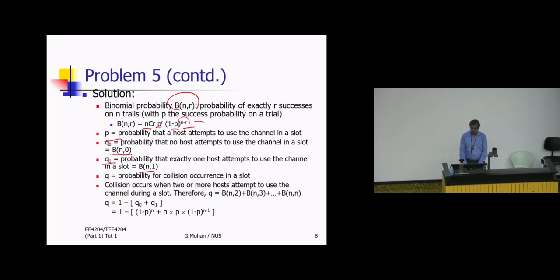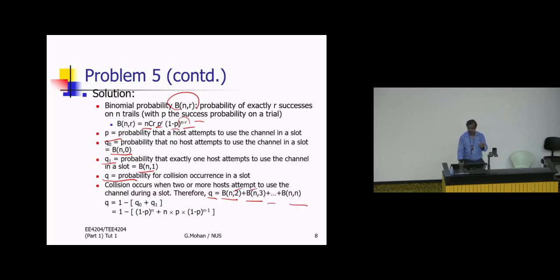Now we are interested in Q, the fraction of bandwidth wasted due to collision, or the probability that a collision can occur. That Q is nothing but B(n,2) plus B(n,3) and so on. That is, what's the chance that exactly 2 are trying? Exactly 3 are trying to send? Then 4, 5, up to n.